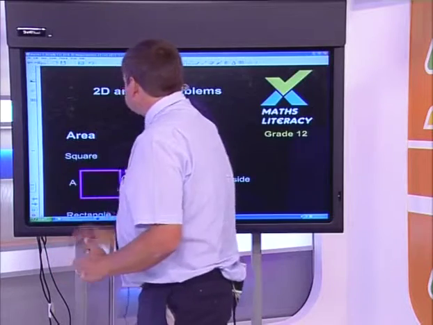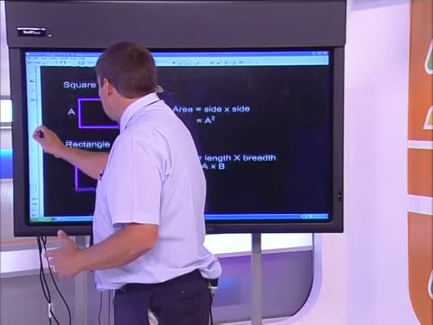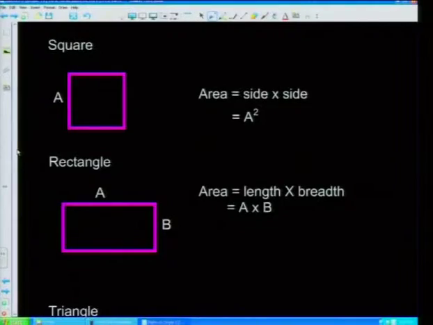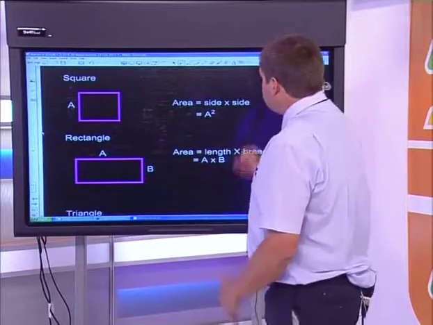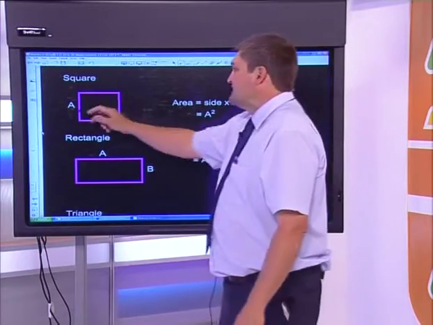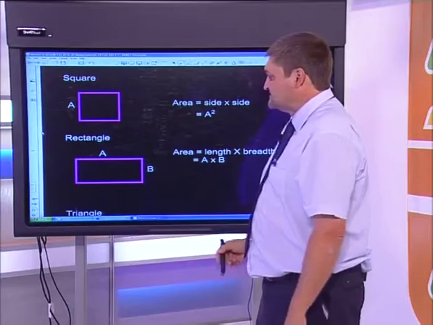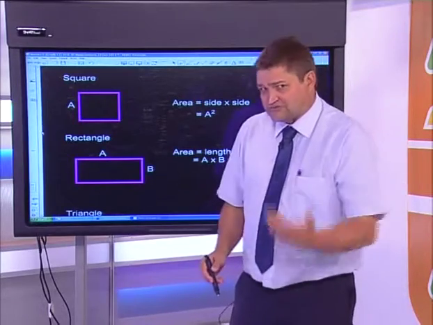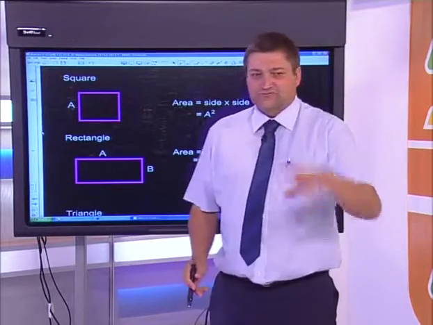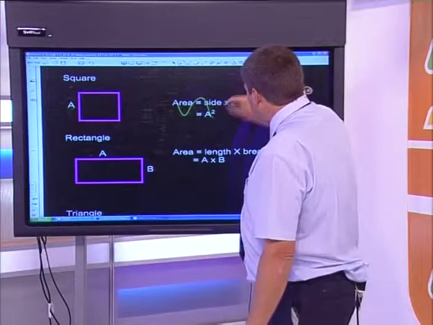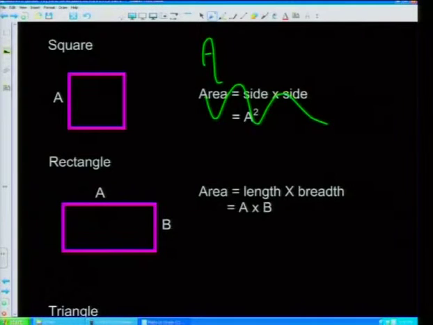So moving on. We then started looking at these wonderful things called areas. And we said to calculate the area of a square, we say length times breadth. But a square's sides are the same, so it's the same thing as saying length squared or breadth squared. But I hate doing that. To me, let's scribble all that out and say, you know what, the area of a square is length times breadth.